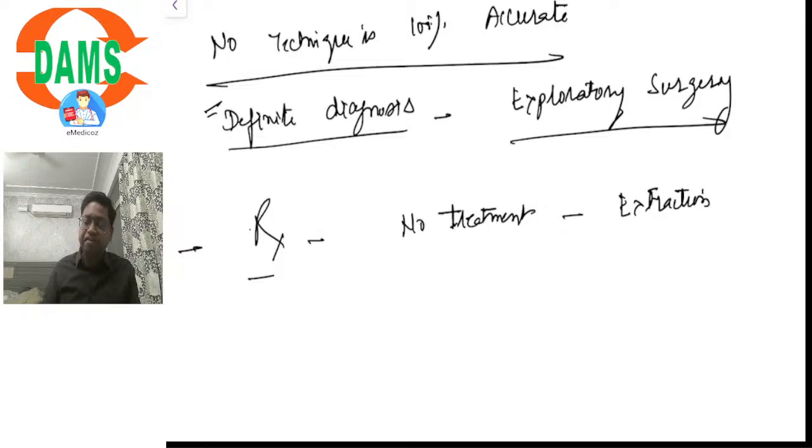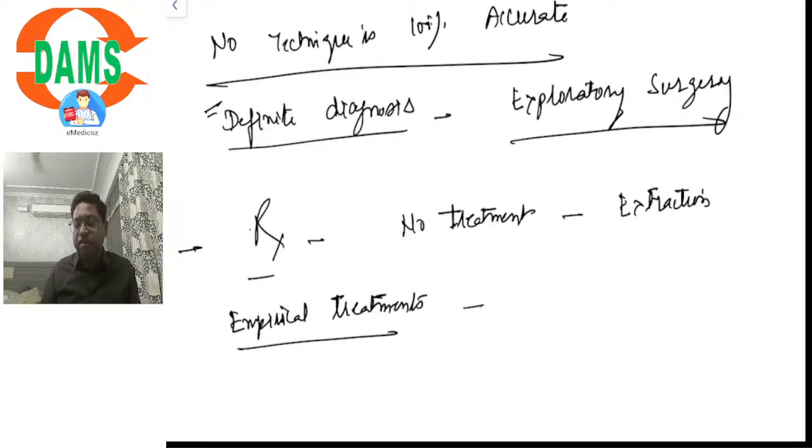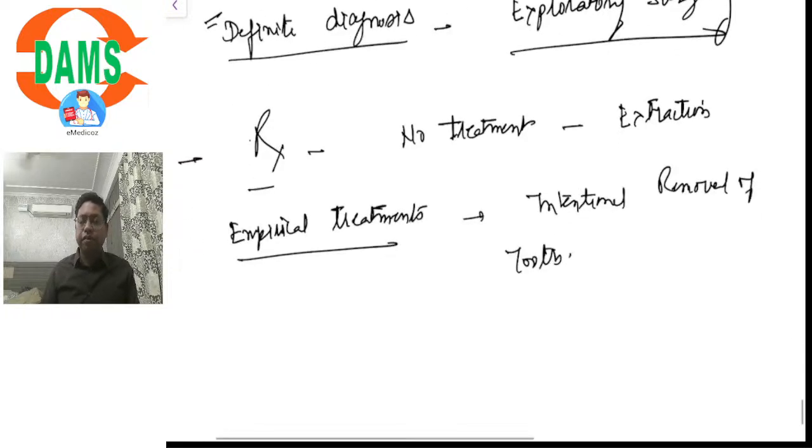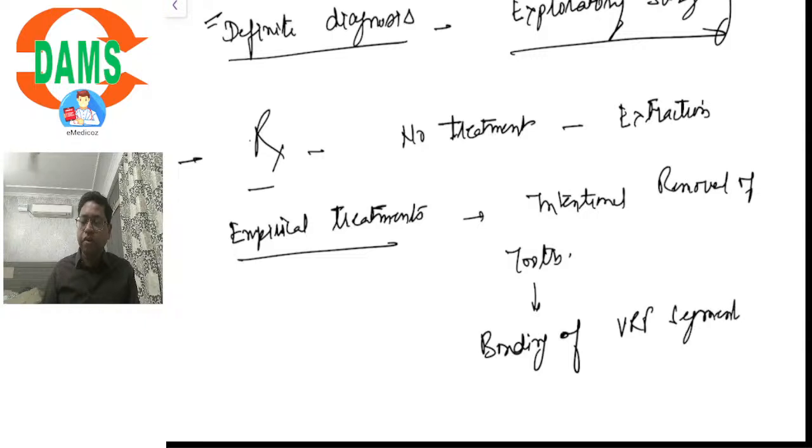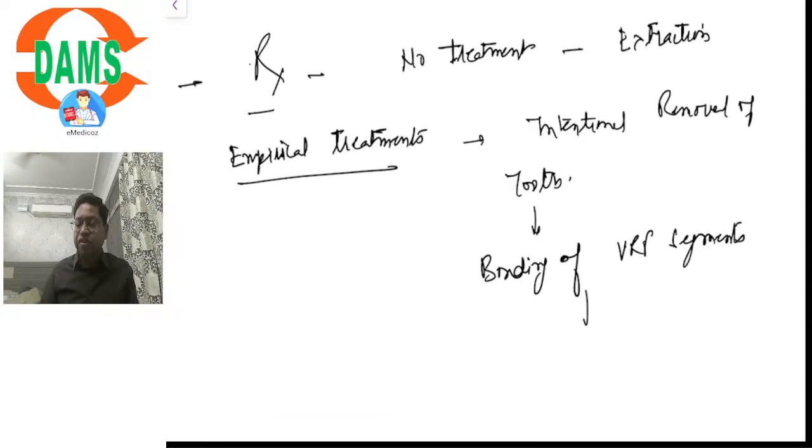There have been some empirical treatments, like intentional removal of the tooth, bonding of the fracture segments with a suitable material, replanting the tooth, and splinting it.